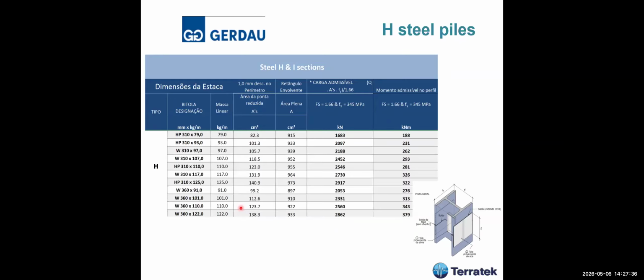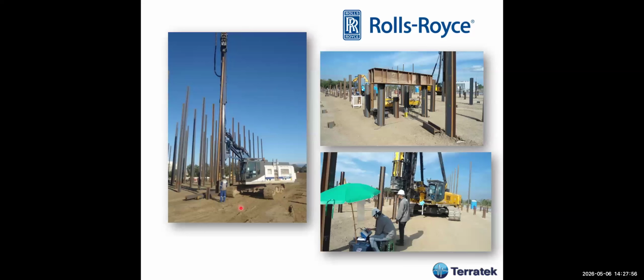Also, you have to find your steel supplier and find the catalogs. For instance, this well-known manufacturer makes H steel piles, and I have used that a lot in the past. One of the projects is a factory for the British company Rolls-Royce, and we did a lot of piling.